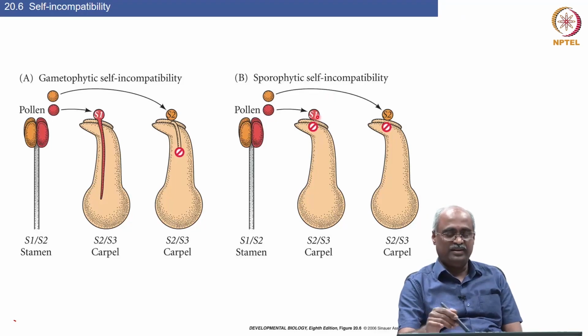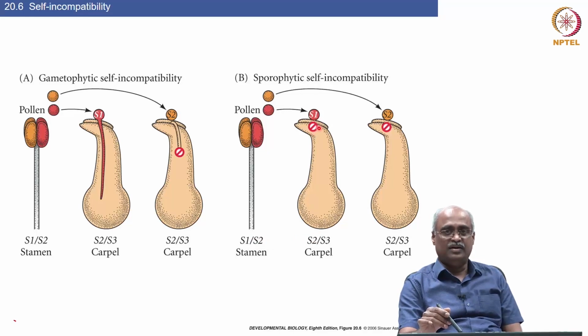So the sporophyte had S2, and therefore the products of the S2 allele will be there in the exine, and due to that this carpel having the S2 will be able to recognize that component, and as a result it fails to germinate. It is primarily because the sporophytes share a common allele, although the gametophyte itself does not.